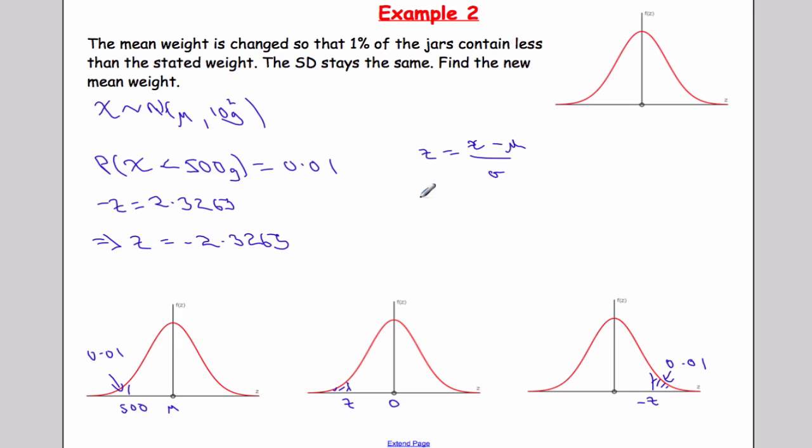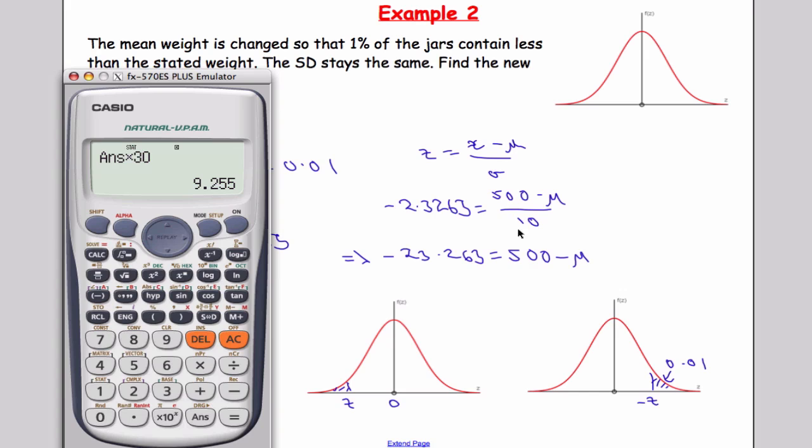So substituting in, minus 2.3263 equals the raw score, which is 500, minus the mean mu over the standard deviation, which is 10. So I know that minus 23.263 equals 500 minus the mean.